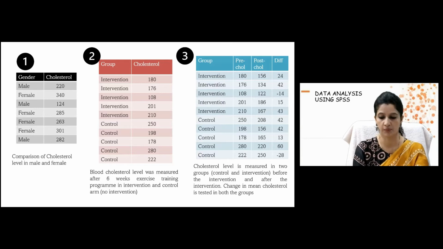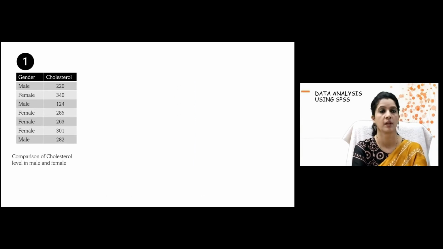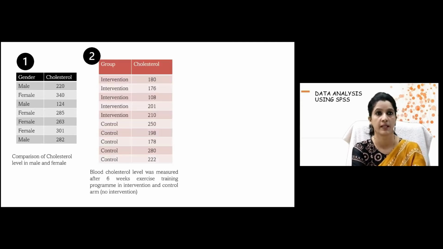So in the first one, you can see there's a comparison of cholesterol level in male and female. So you can take the mean of male and mean of female, and then you can compare the two. In the second, the cholesterol level was measured after 6 weeks of an exercise training program in intervention and control arm. So there is an intervention arm and there is a control arm.